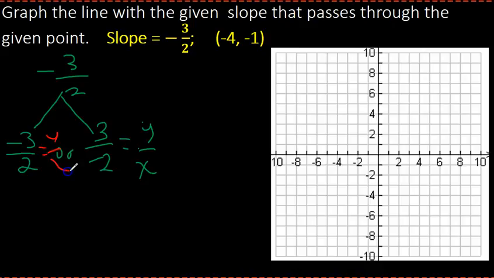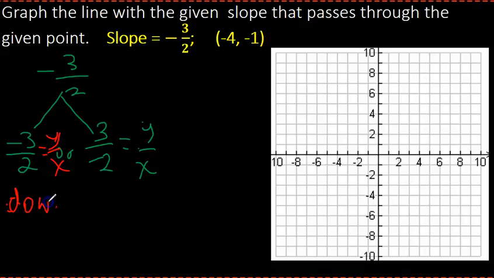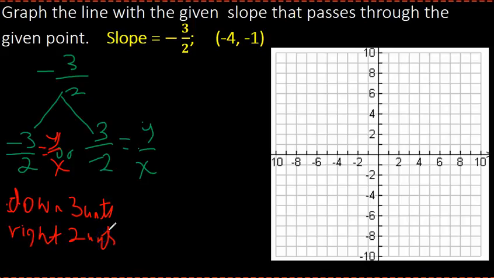This is y over x, and the y is -3, so you're going to go down 3, and +2 is going to be right. Down 3, right 2. Okay, so it's kind of 3 units.